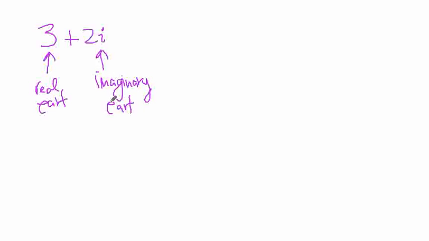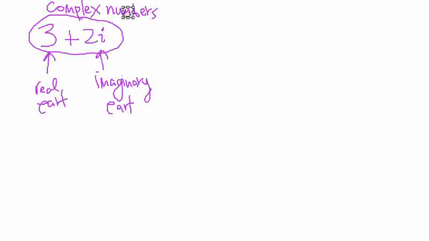Now, in general, when you have a number like this that has a real and imaginary part, or maybe it just has one or the other, these types of numbers are called complex numbers. Not because they're somehow the most complex thing ever encountered in math, but I don't know why they're called that, that's just what they are. Complex numbers, you could say, are composed of a real part and an imaginary part that includes i.